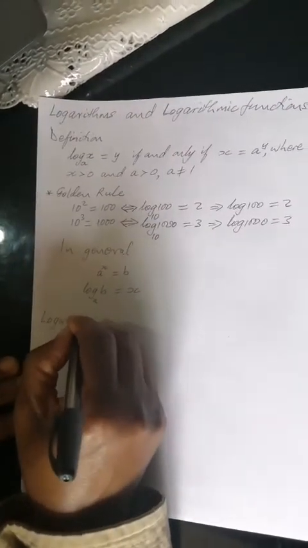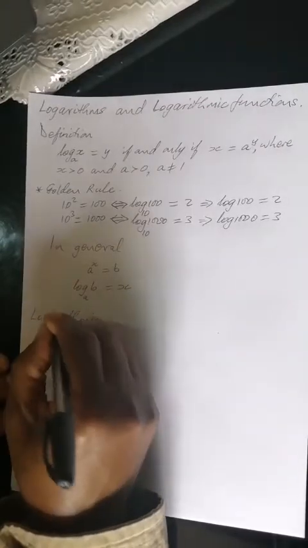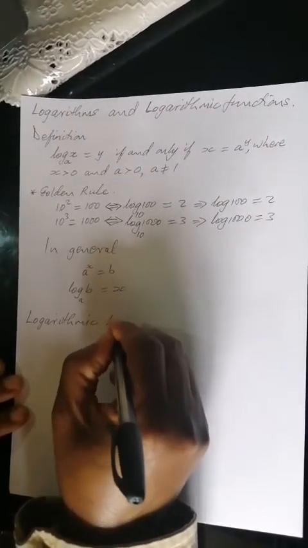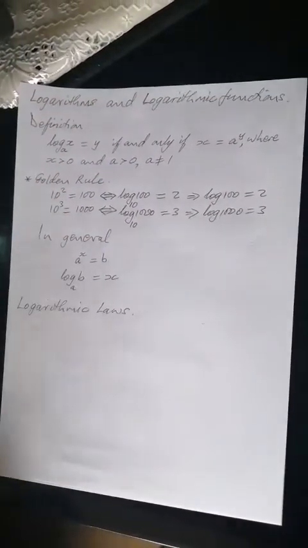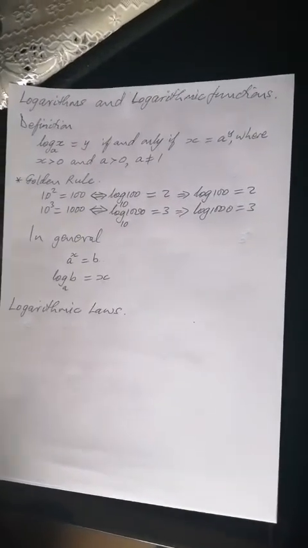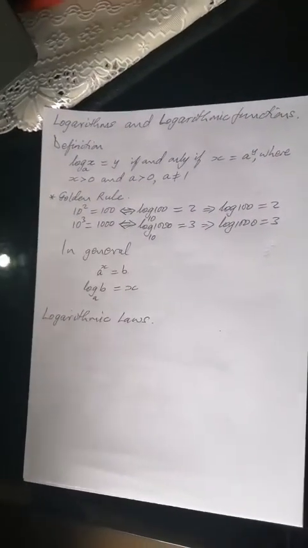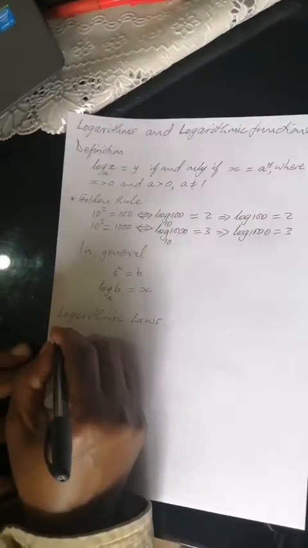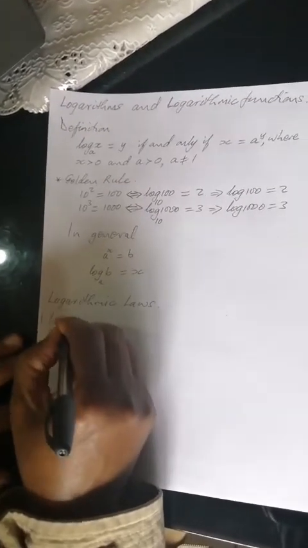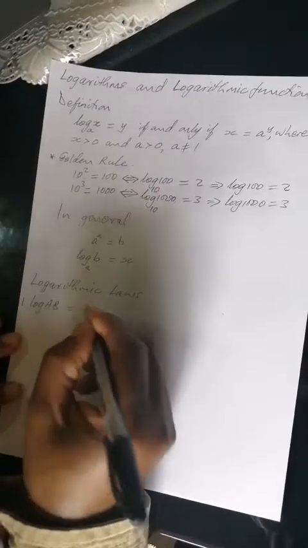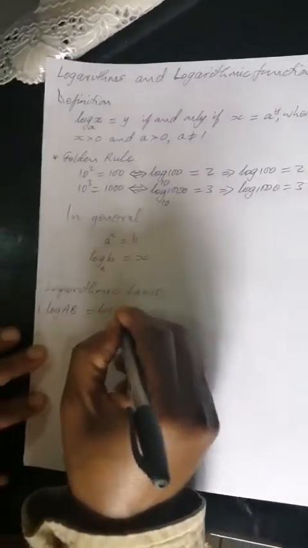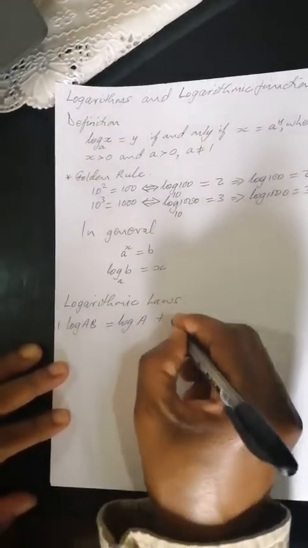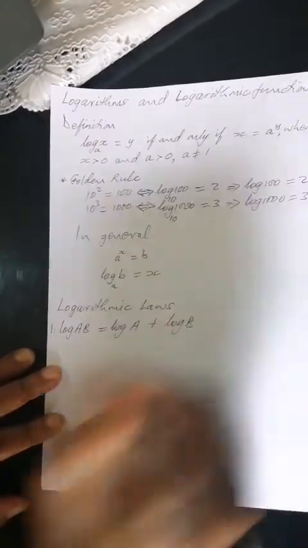Logarithmic laws. These are very, very important, and they also go hand in hand with our exponential rules. We should always know that log of a times b is the same as log of a plus log of b.